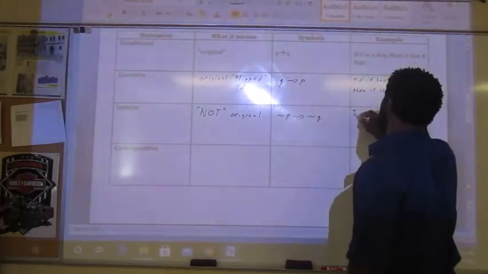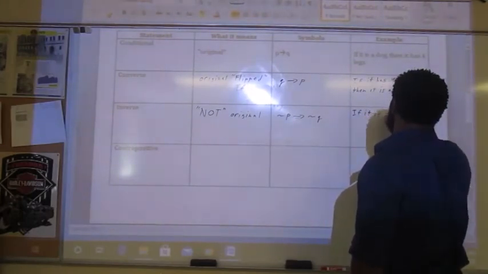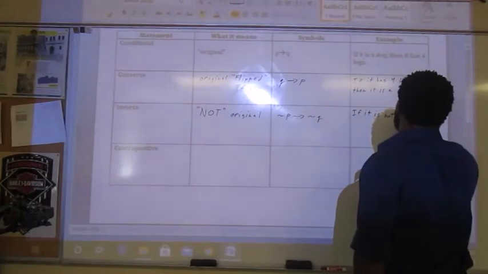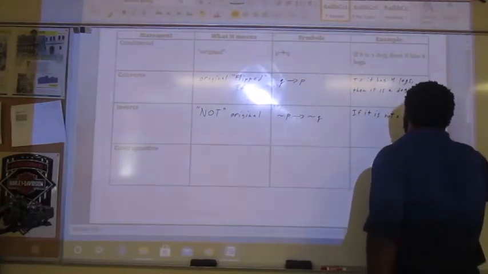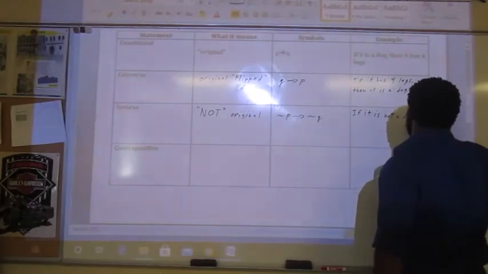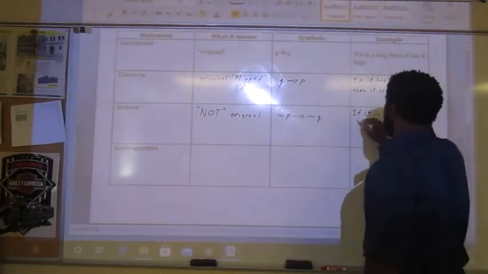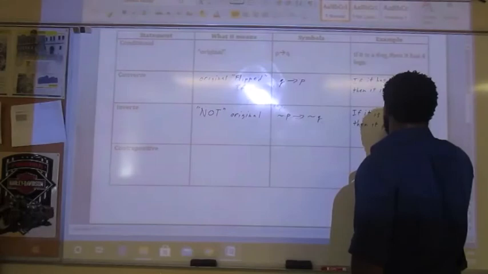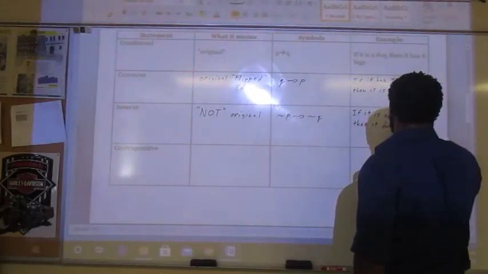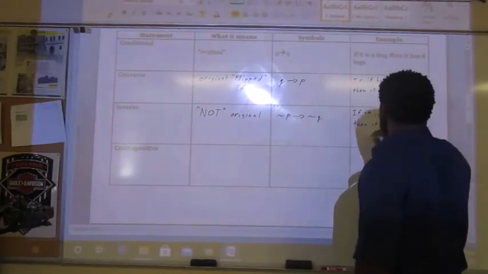So if it is not a dog, then it does not have 4 legs.